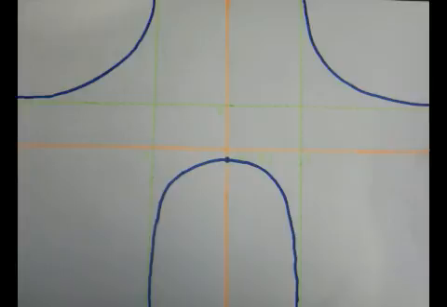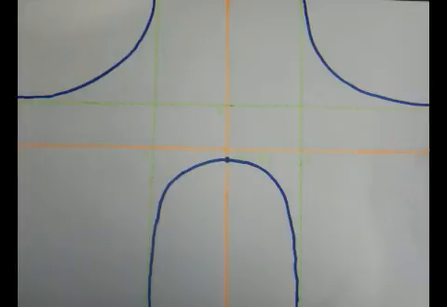So we have to find the f prime of x at a certain point. At 0, we know it will be minus 1 over 3. So in this case, our graph is decreasing.